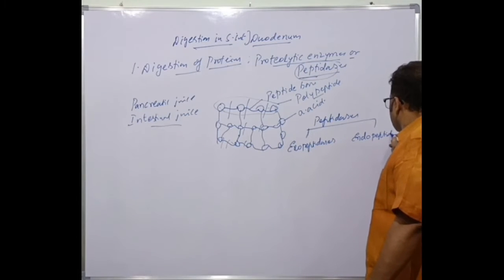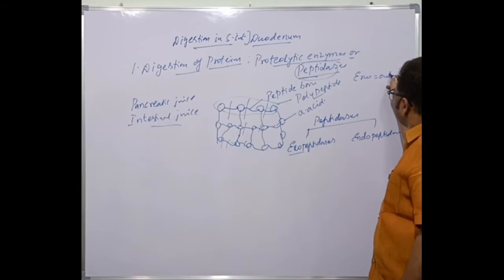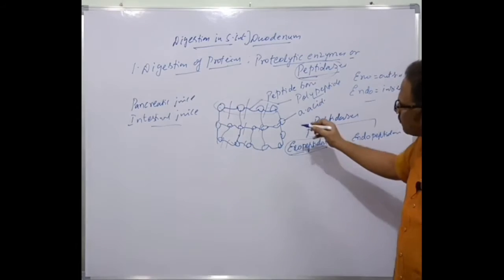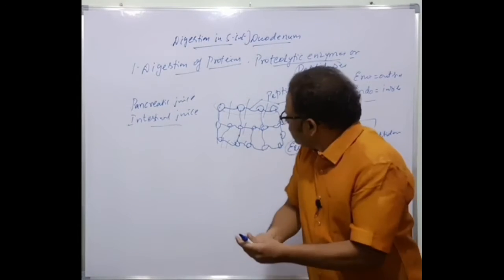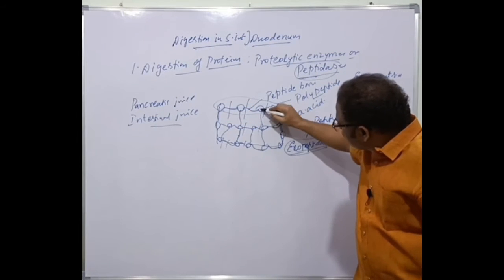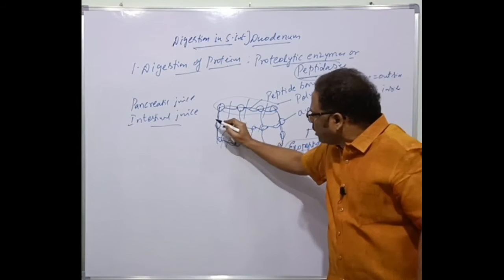Exo means outside, whereas endo means inside. The exopeptidases break the peptide bonds at the outside border. These chains are acted upon by the exopeptidases.